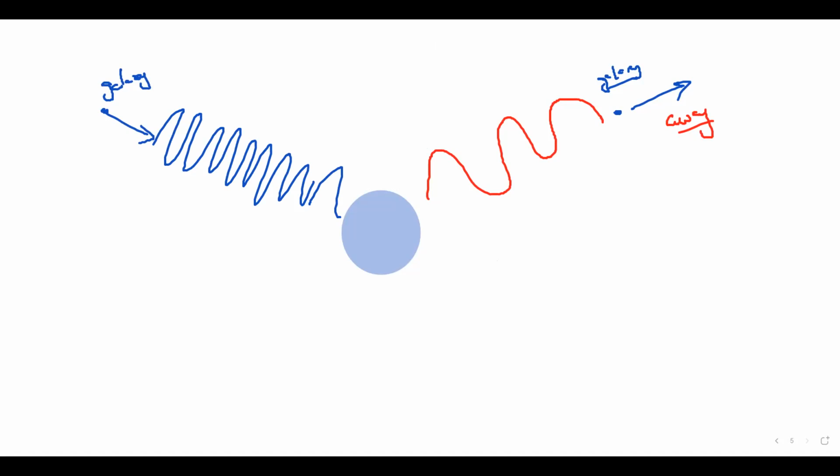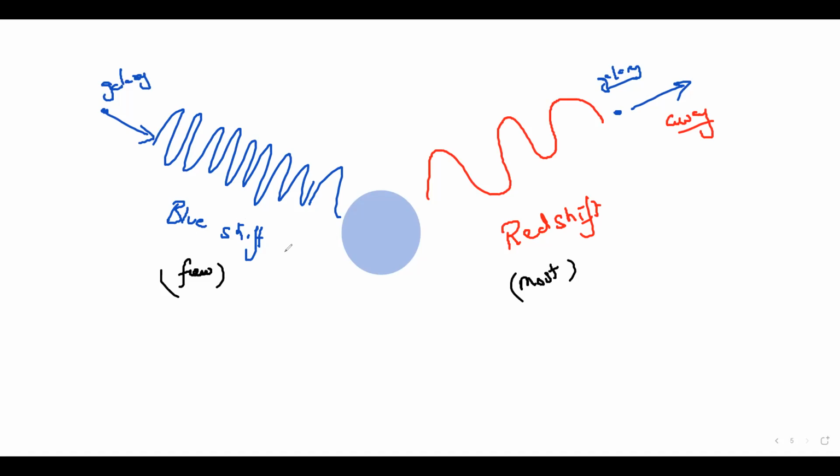If the galaxy is moving away from us, we say we get a red shift. And if a galaxy is moving towards us, we say we get a blue shift in the wavelength. So red shift when the galaxy is moving away from us, and blue shift when a galaxy is moving towards us. When we observe, most of the galaxies are giving us the red shift and few galaxies are giving us the blue shift.